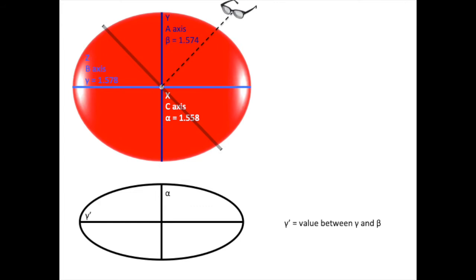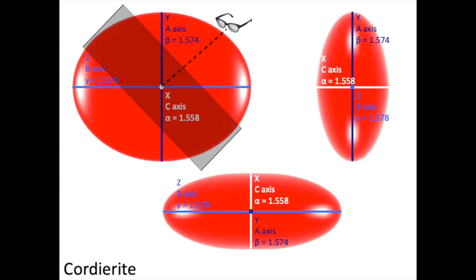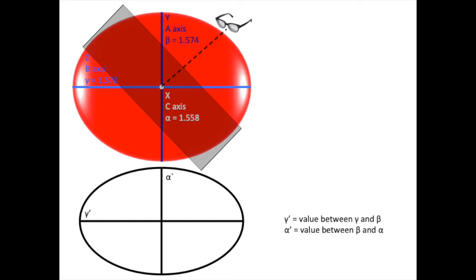So let's try another sort of random view through our optical indicatrix and see what kind of ellipse it generates. This really off-kilter view will produce an ellipse that looks like this. In this case, we're not really aligned well with any of our refractive indices, and so we end up with an ellipse with axes of alpha prime and gamma prime.